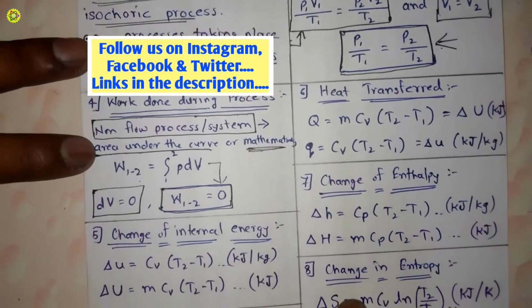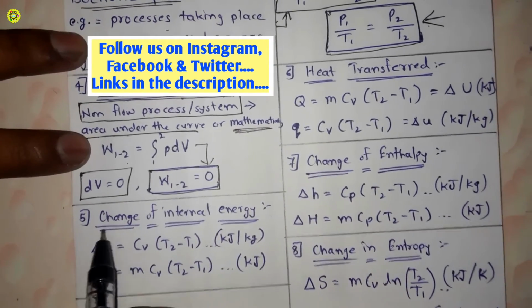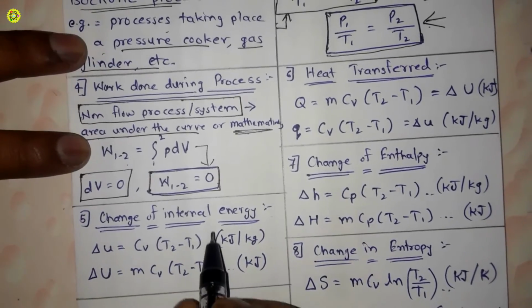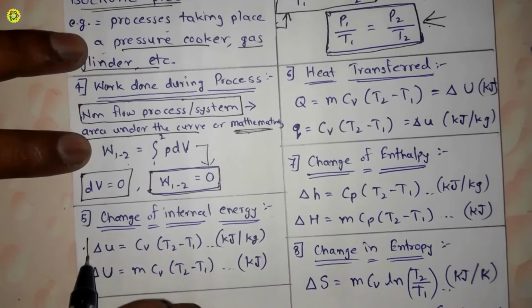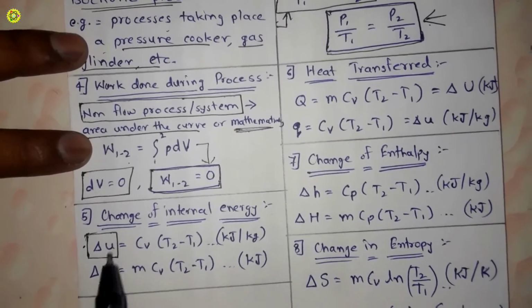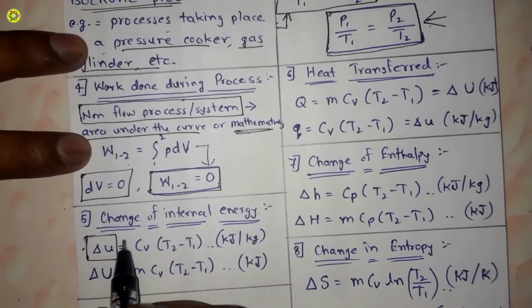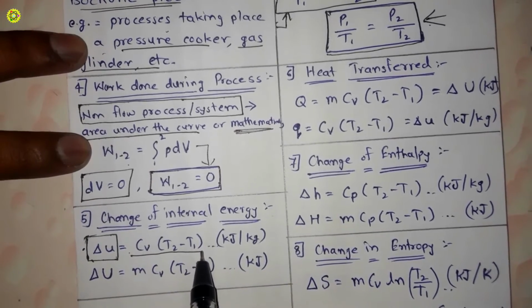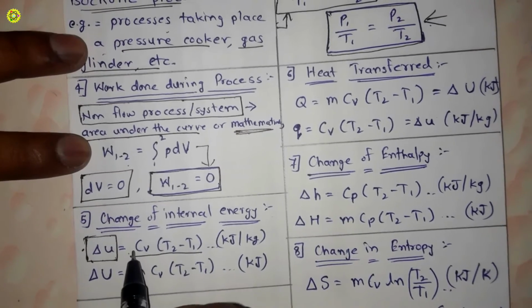Now we will see the change of internal energy. Delta small u tells us that this is a change in specific internal energy. Change in specific internal energy is equal to Cv into bracket T2 minus T1.